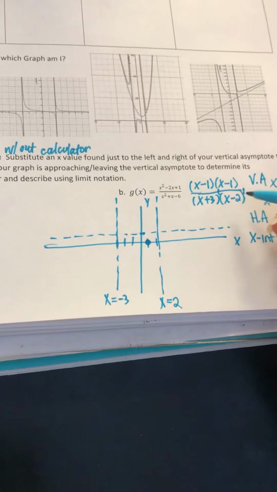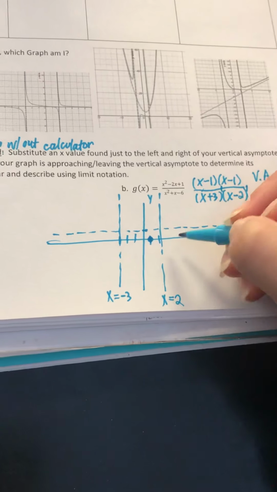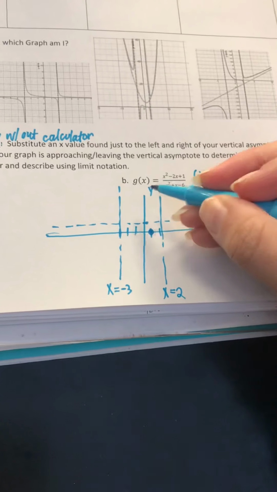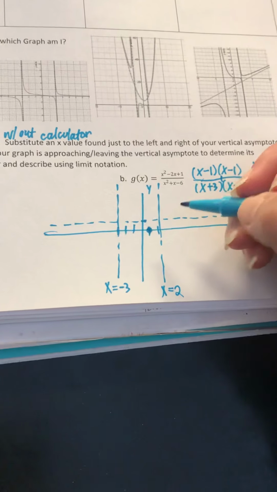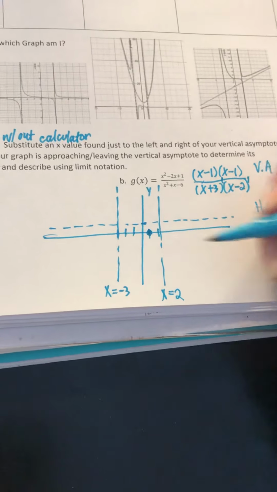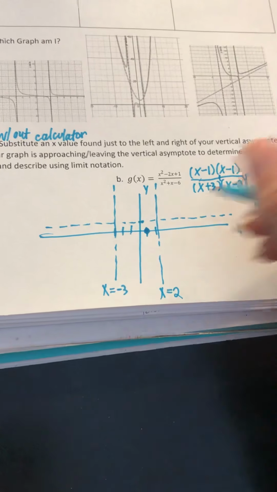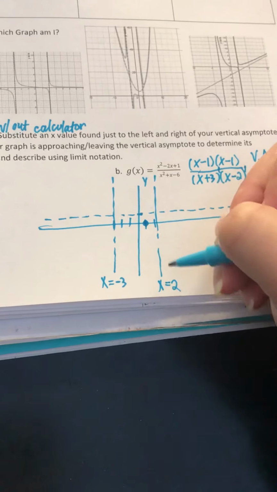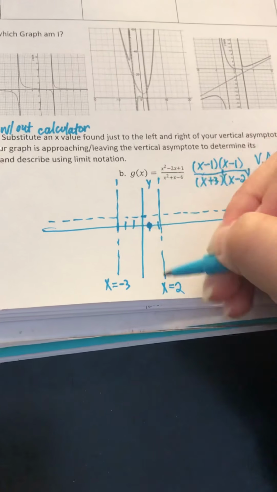If it had a multiplicity of 2, then that means the curves would be going in the same direction, either both down or both up. That's a multiplicity of 2, 4, 6, 8, 10. So basically, an even multiplicity gives us the same behavior, going either both downwards or both up towards the asymptote.